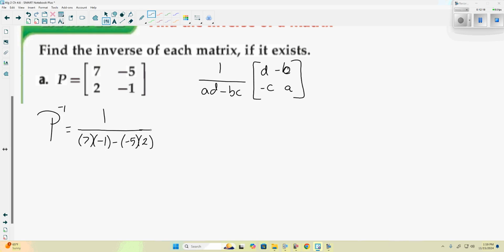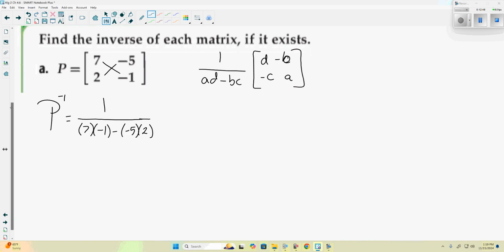Really, what is this first part? The first part is just 1 over the determinant of the matrix. So the negative 1, are you saying this negative 1?